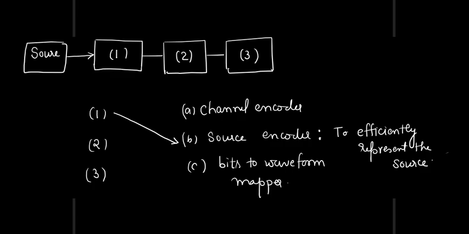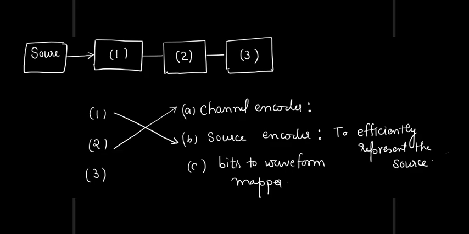And the second block is the channel encoder. After the source encoder, we pass the bit stream to the channel encoder, and what does it do?